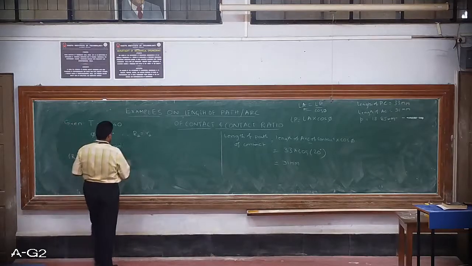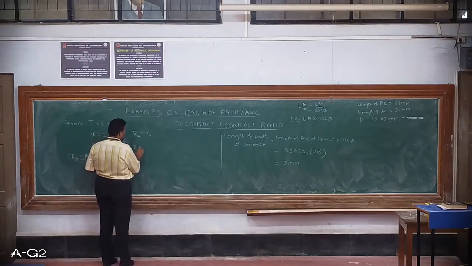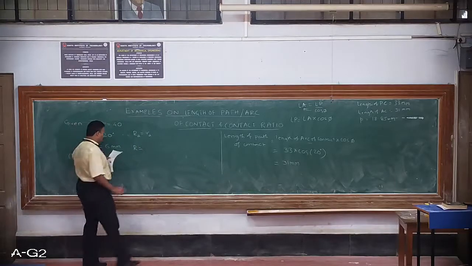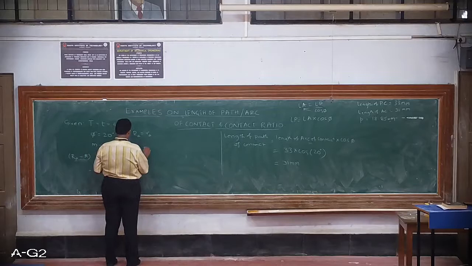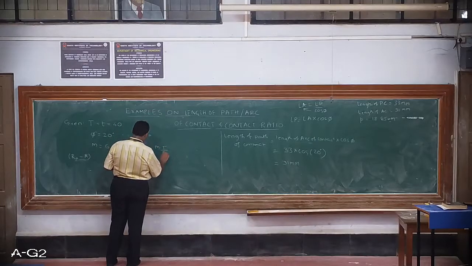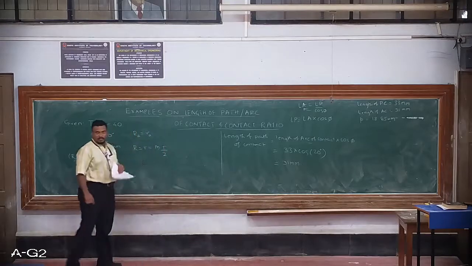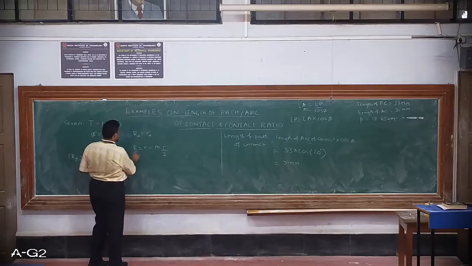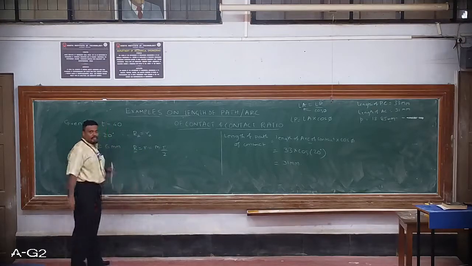Now the pitch circle radius R. This is given by the equation module into number of teeth divided by 2. So in this case the pitch circle of gear is equal to pitch circle of pinion.